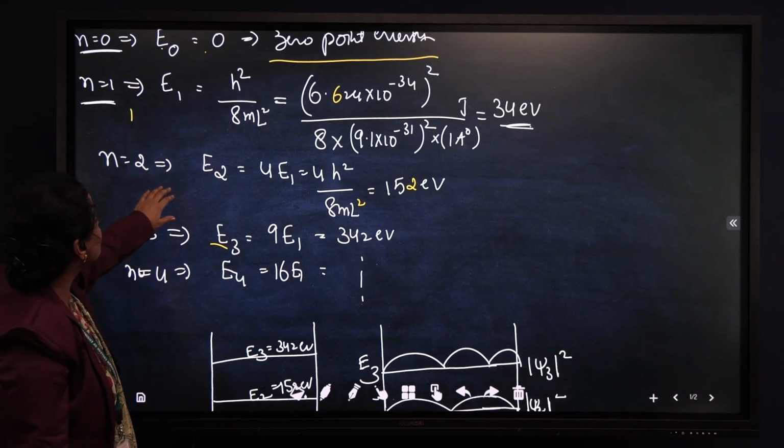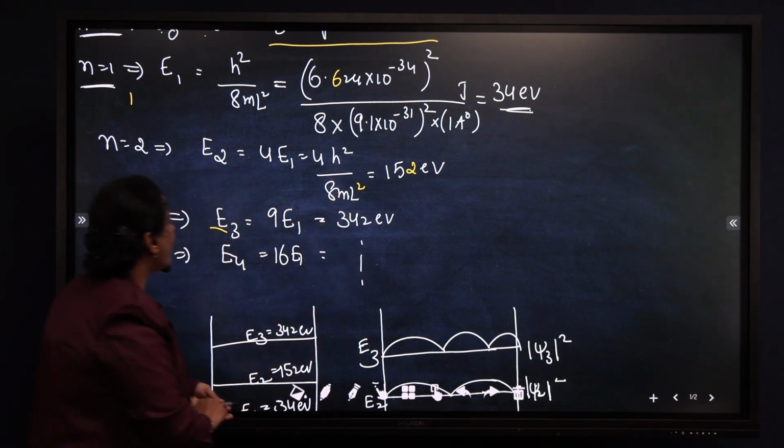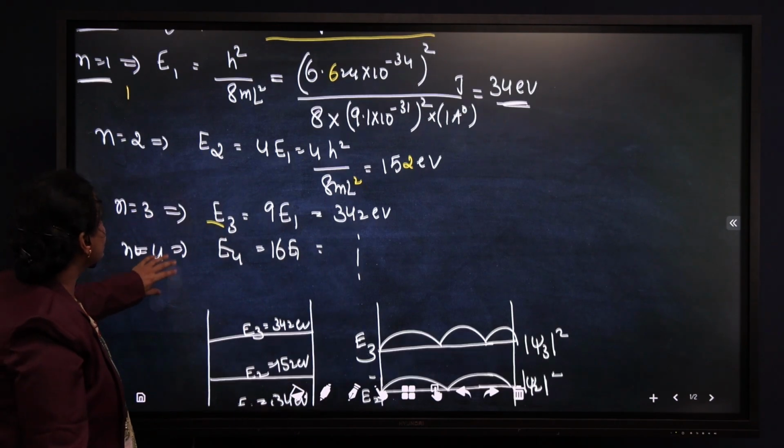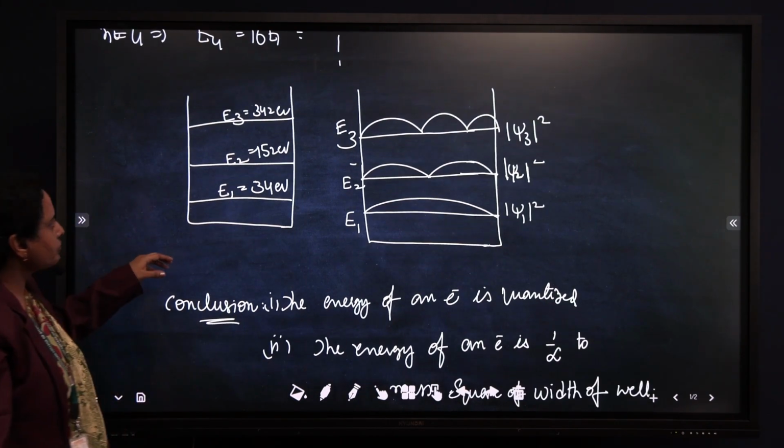For n equals 2, it comes out to be 4 E1, so 152 eV, and for n equals 3, it comes out to be 342 eV and so on.